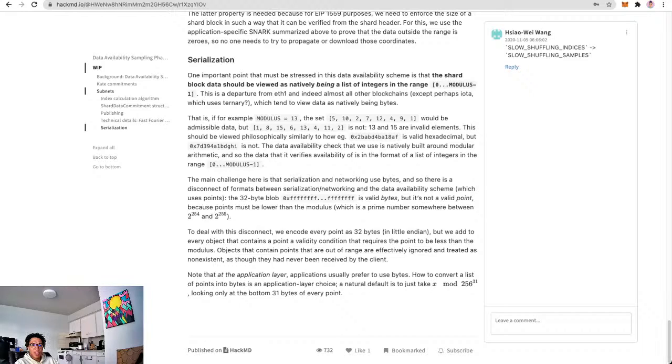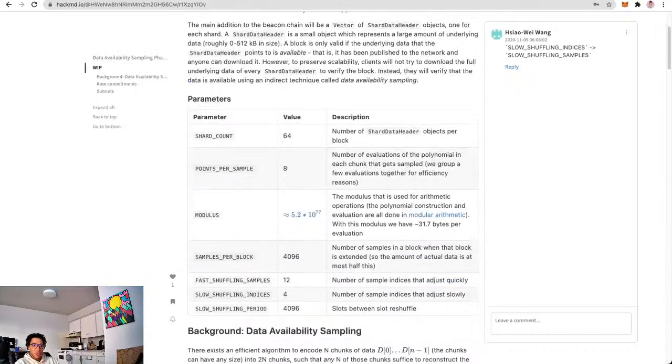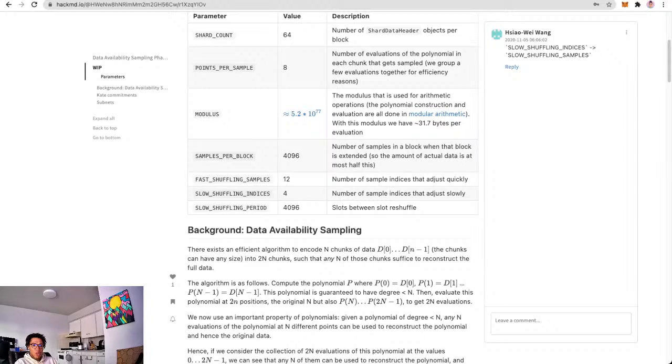Slow shuffling indices, slow shuffling samples, slow. Maybe the point was here, how you have fast shuffling samples, and this kind of confused me, right?